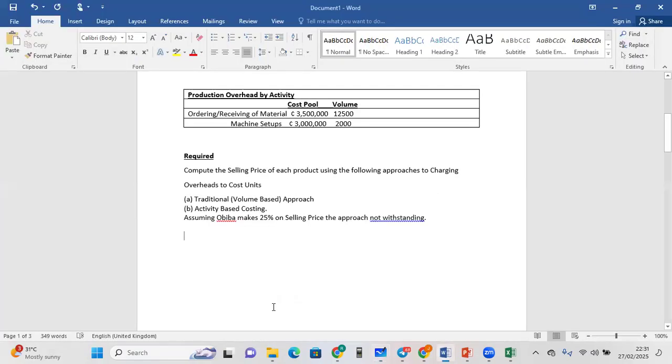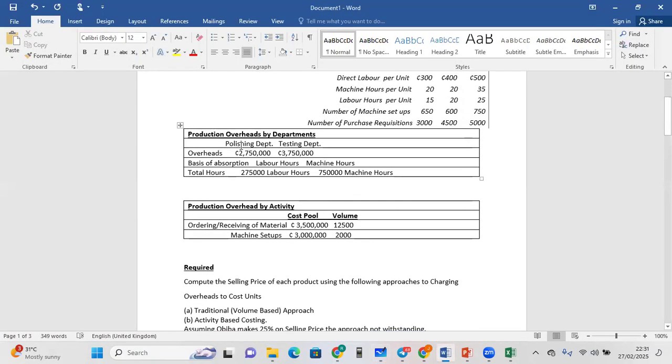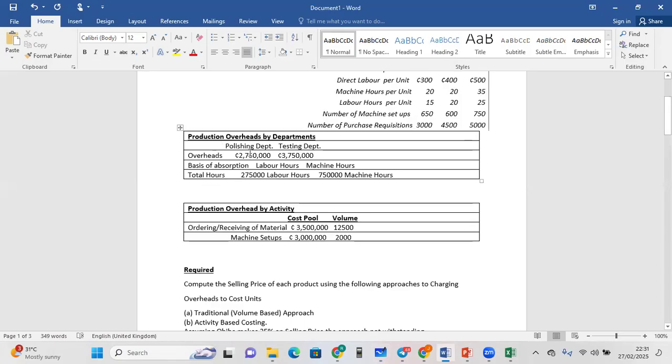In this particular question, they are telling us that the basis of apportionment for polishing, for example, is going to be labor hours, and for testing is going to be machine hours.